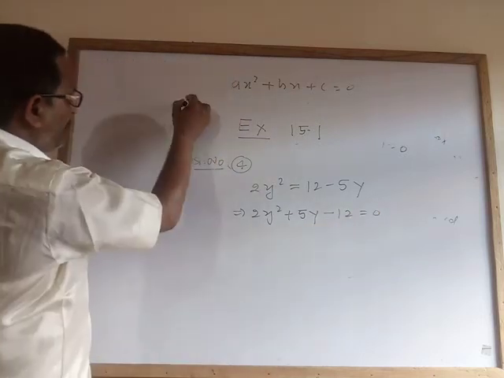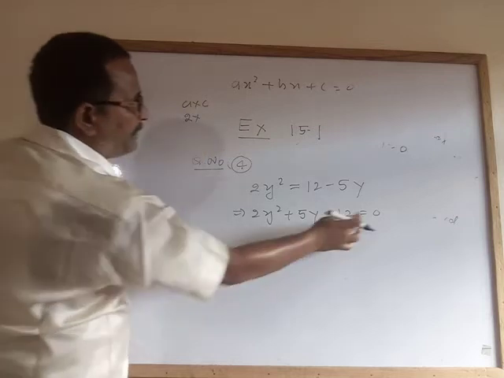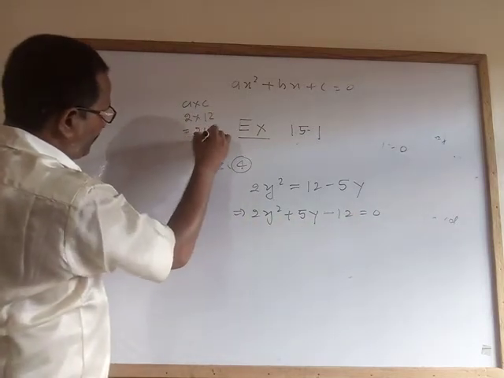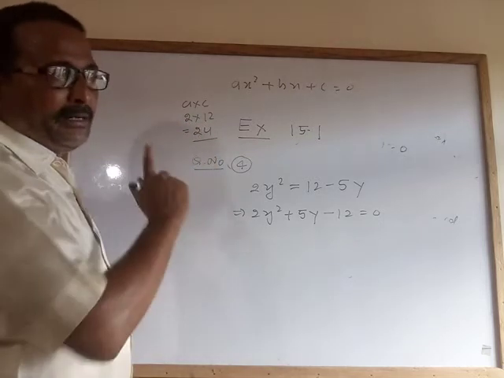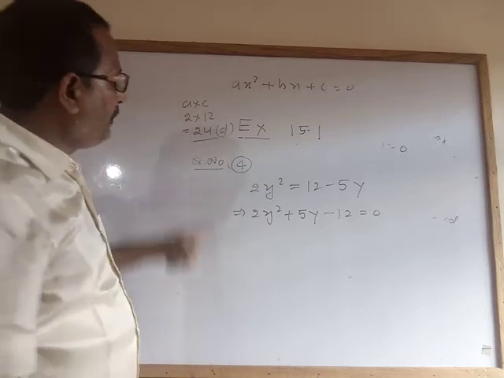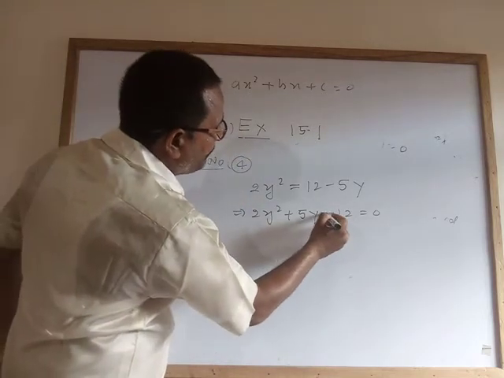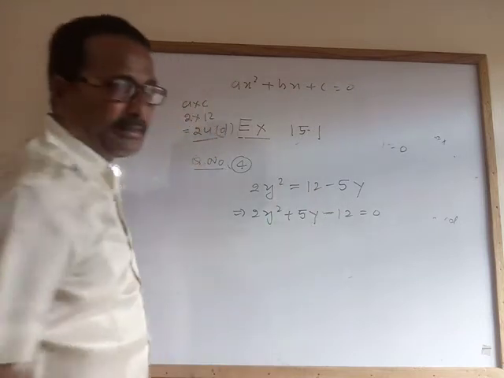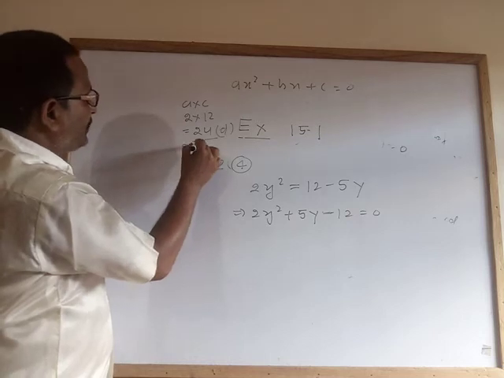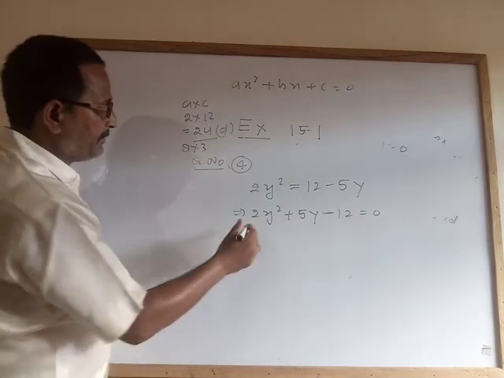Now follow this rule: a into c. A value is 2, c value is 12. What is coming? 24. This is the d value, the value of d, 24. Now factorize d in two parts whose difference of the factors should be equal to 5. 8 into 3 is 24. 8 minus 3, 5 is coming.